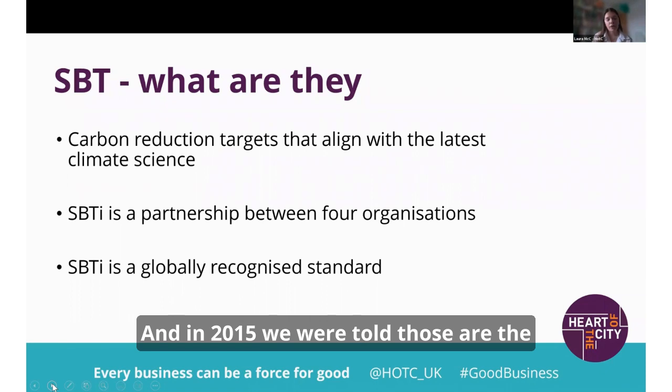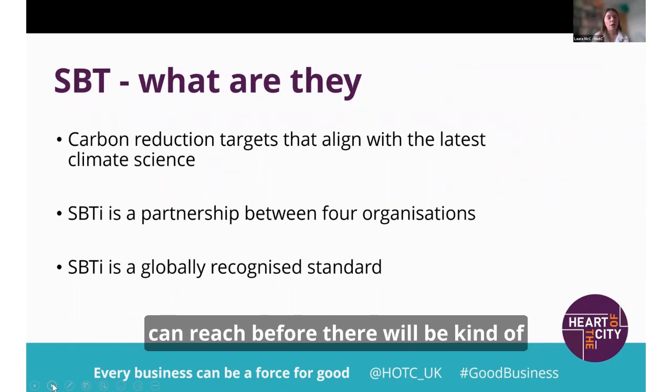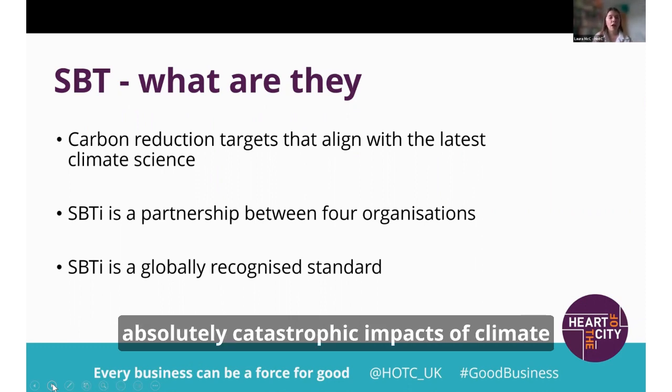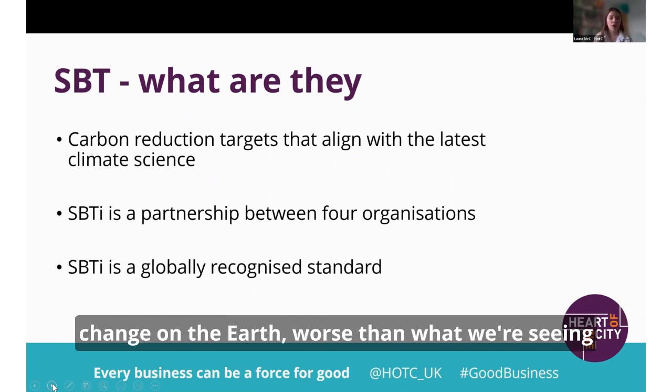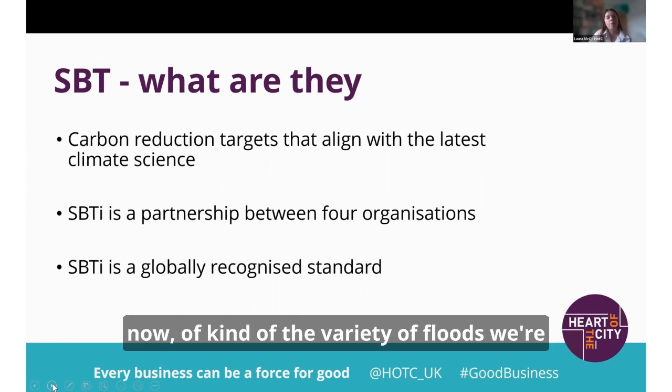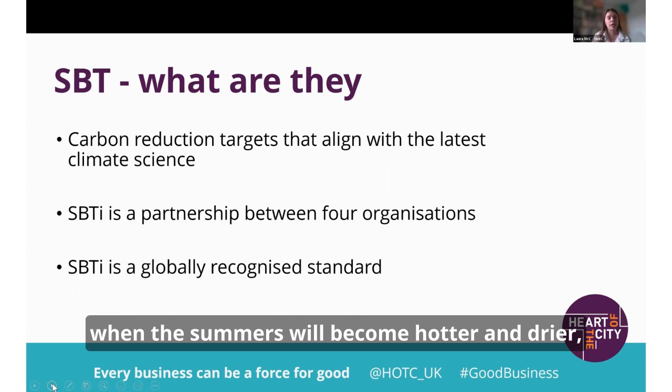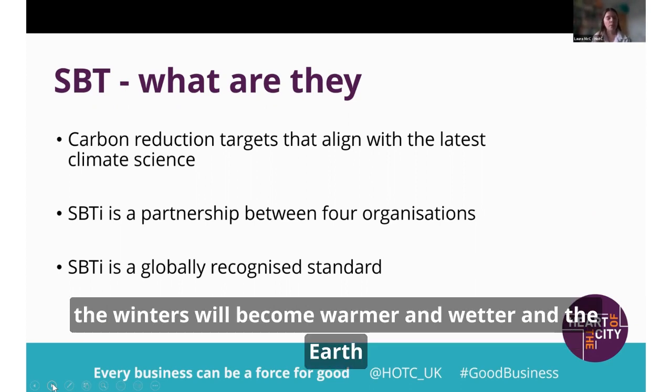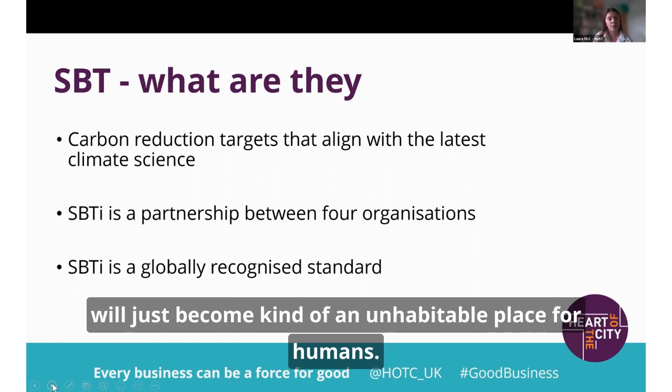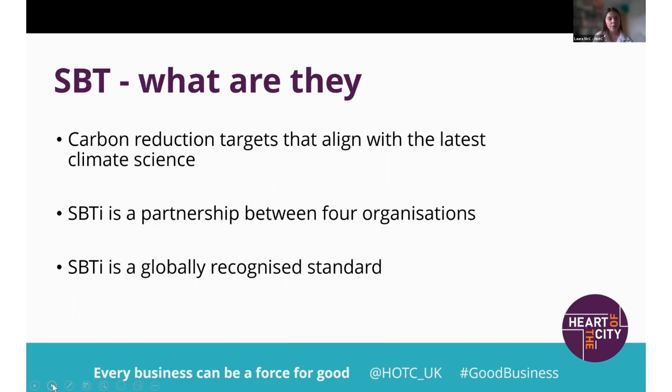In 2015, we were told those are the maximum temperatures that global warming can reach before there will be absolutely catastrophic impacts of climate change on the Earth, worse than what we're seeing now, with the variety of floods we're seeing in many different countries, summers becoming hotter and drier, winters becoming warmer and wetter, and the Earth becoming an uninhabitable place for humans.